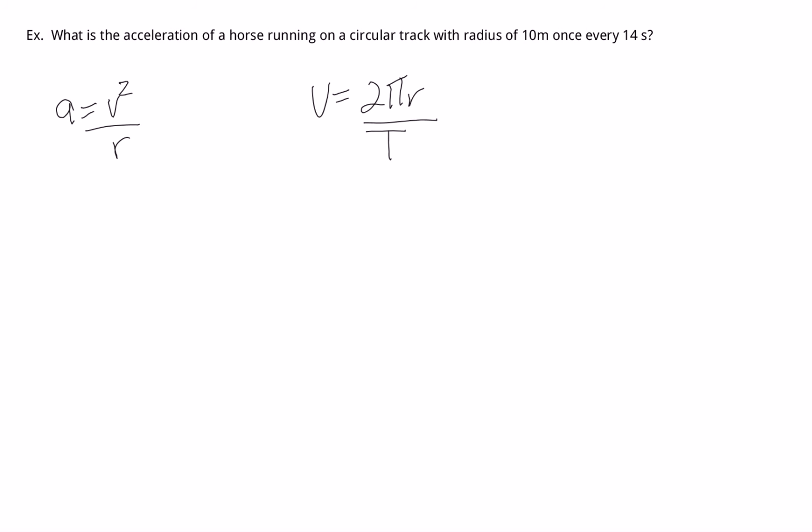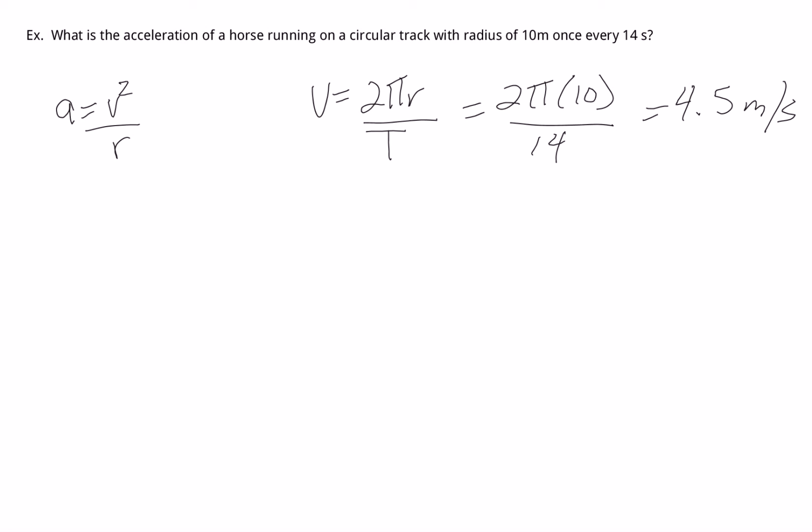So on your calculator, figure that out. So 2 times pi times 10 divided by 14. When we do that, we get an answer of 4.5 roughly. So that's our velocity.